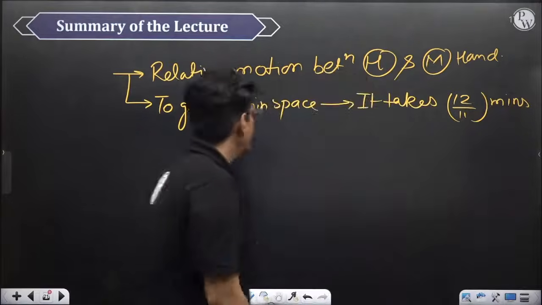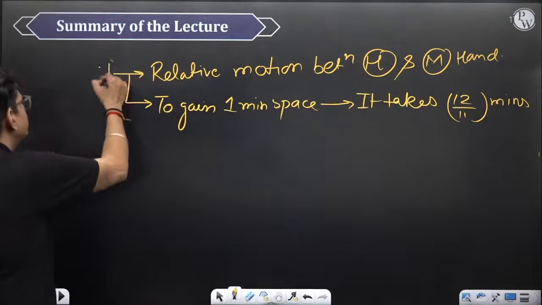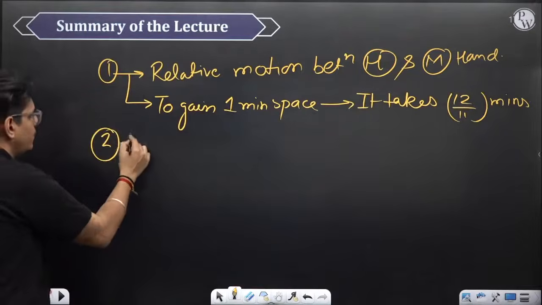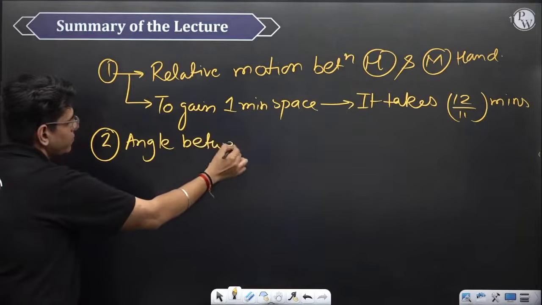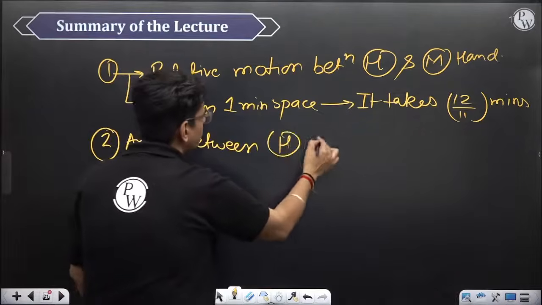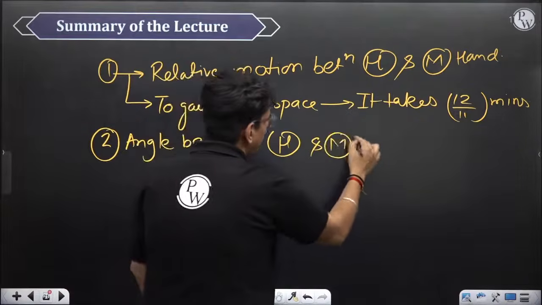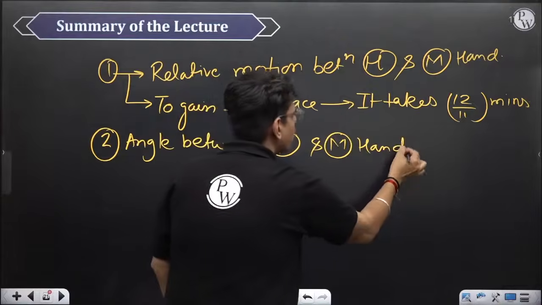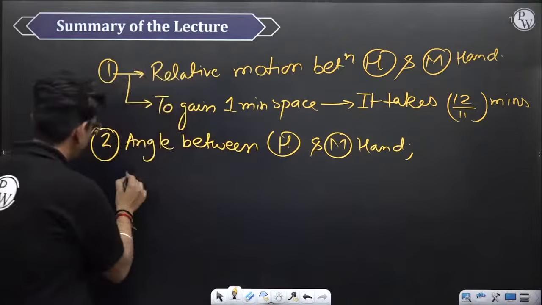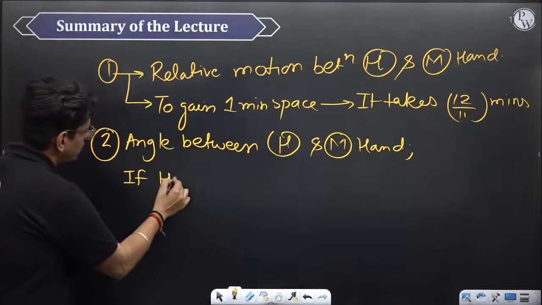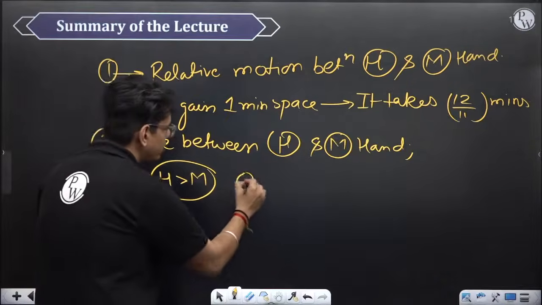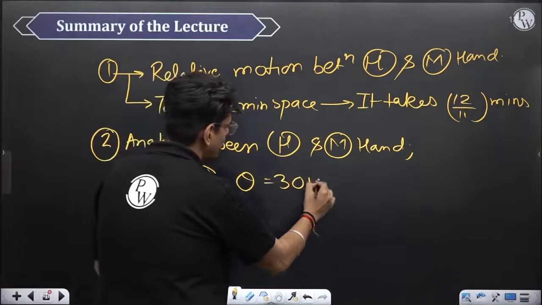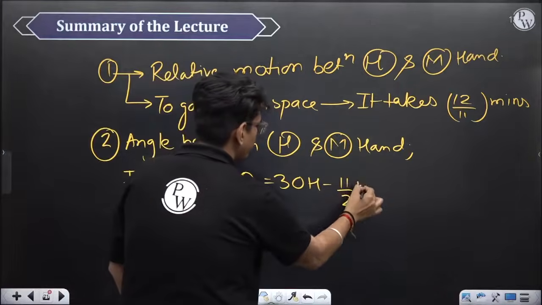Second is the angle between hour and minute hand. Okay. We got two formulas. If the hour hand is ahead, then theta equals 30h minus 11 by 2 m.